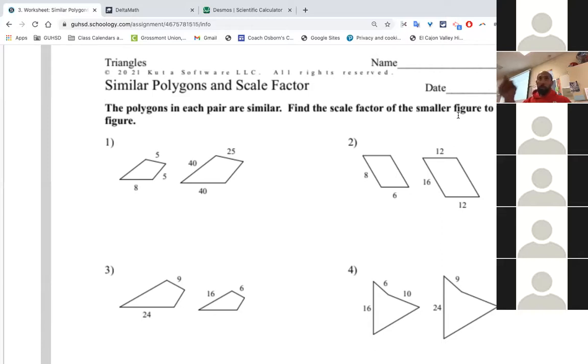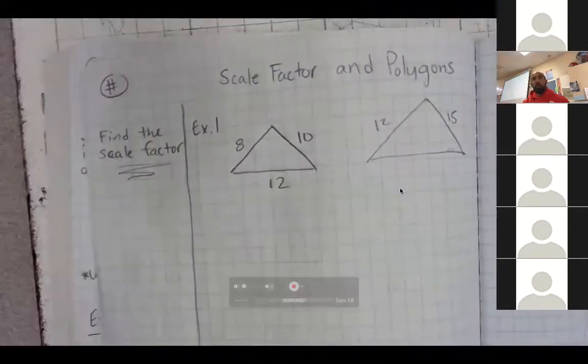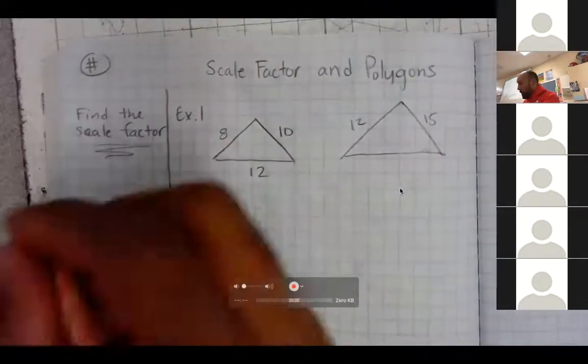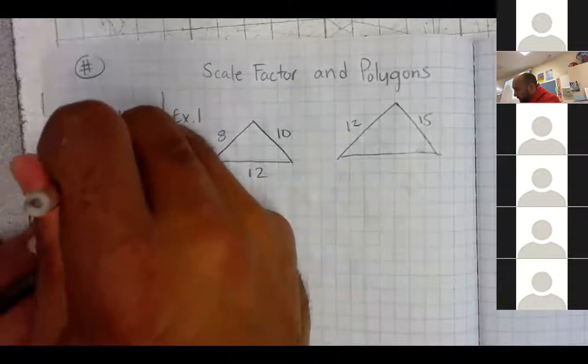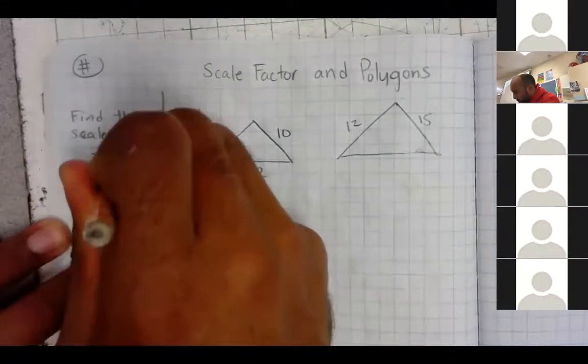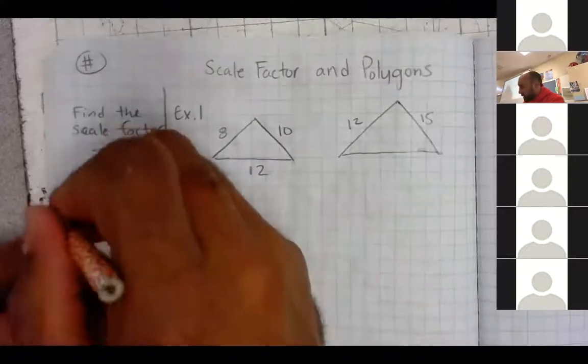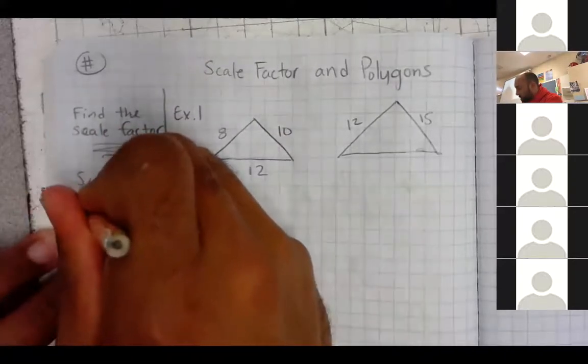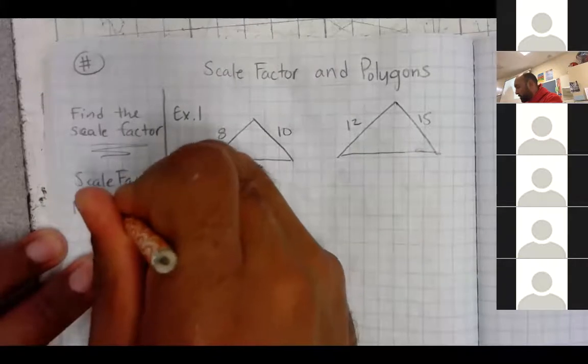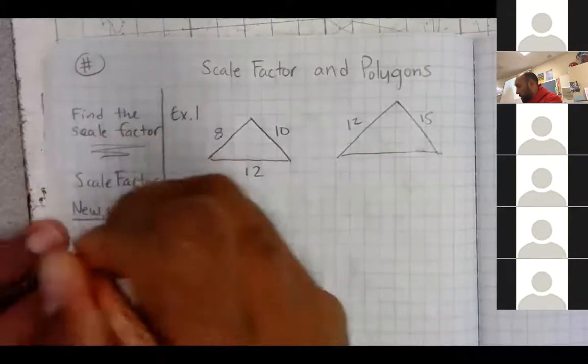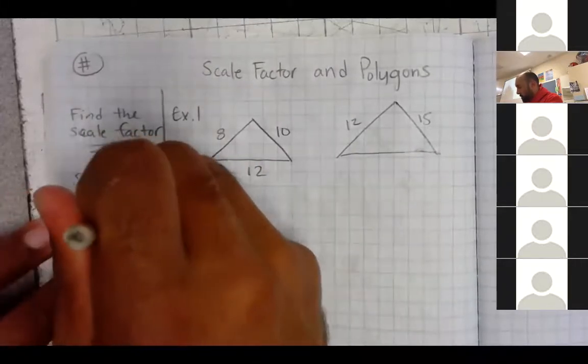The old shape is the smaller one, at least for the ones on your worksheet. Okay, so scale factor is always going to be a new side. You take a new side and then divide it by an old side.